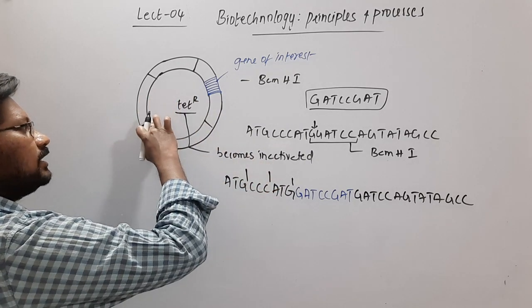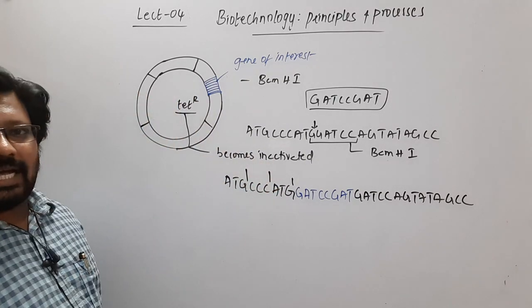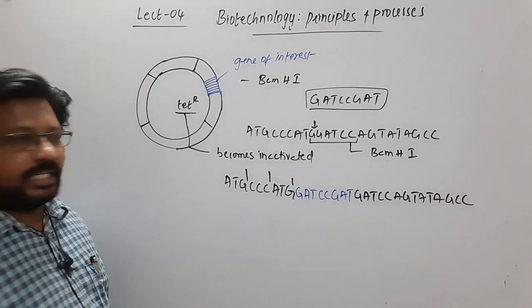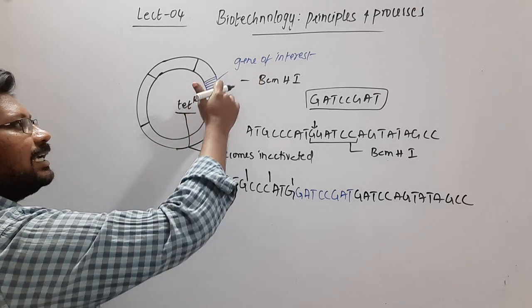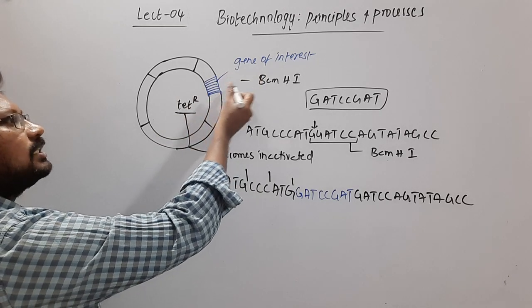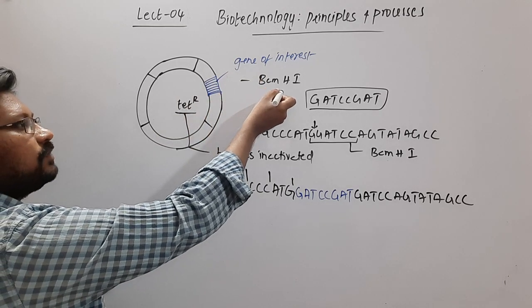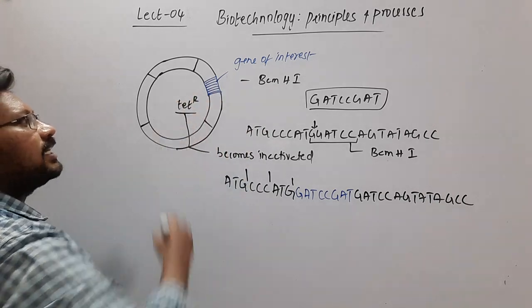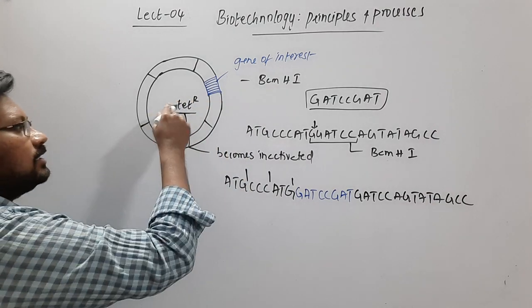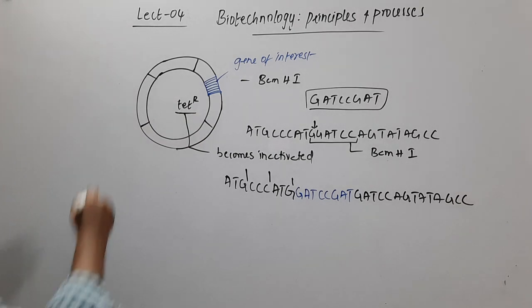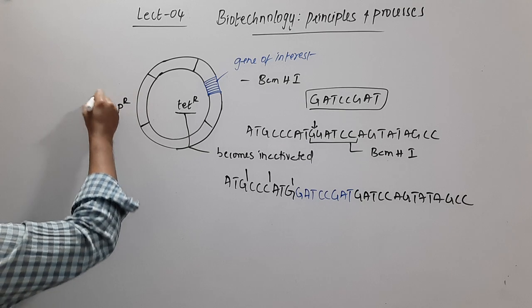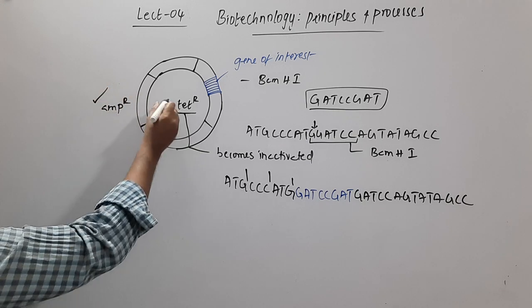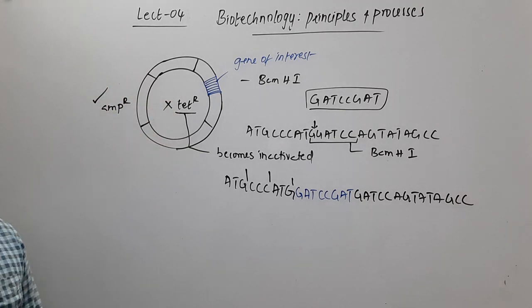If you do it in the ampicillin gene, then the ampicillin gene will become inactivated. So at present I have linked the alien DNA into the BamH1 recognition site of the tetracycline gene, and this gene became inactivated. But the ampicillin resistance gene is still working. So this is working, but this will not work.